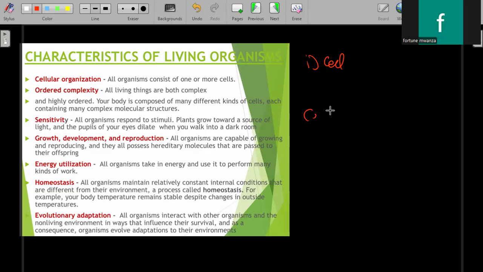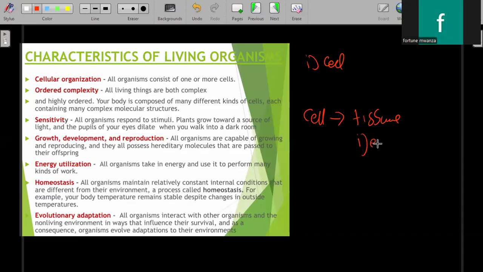Different types of cells will come together to form what we call a tissue. So now we have four types of tissues.